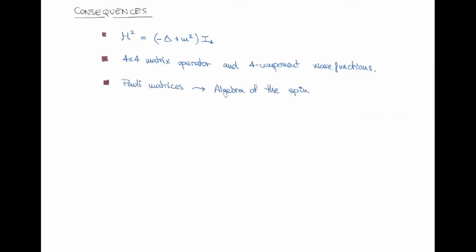The introduction of these Pauli matrices, these matrices that I showed you before, accounts for the algebra of the spin. When you work with them, they really show you these properties of the spin. I'm not going to talk about this today, but this was something that Dirac was looking for. So this was a success for this approach.